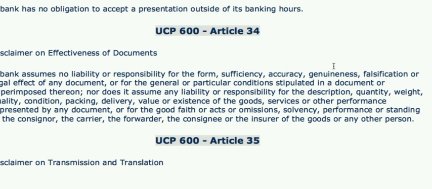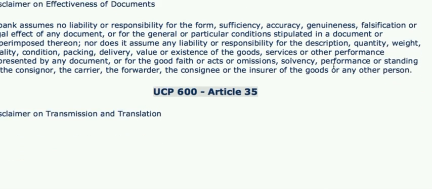If there is some insufficiency, inaccuracy, genuineness issue, or falsification, it does not matter, because the documents must be in terms of the documentary credit, and if documents appear to be in terms of the documentary credit, then the bank does not assume any liability or responsibility for that. It is very well within its right to honor the commitments as per the documentary credit. Then Article 35, it speaks about the disclaimer on transmission and translation.